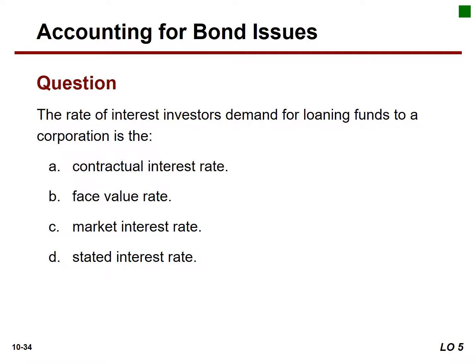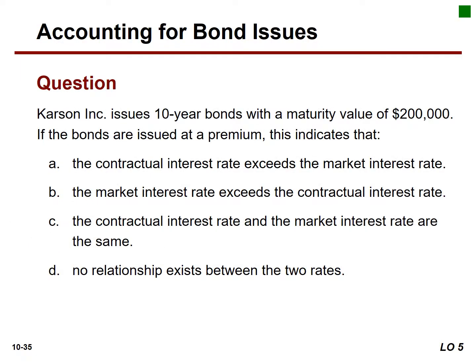All right, here's a question. The rate of interest investors demand for loaning funds to a corporation is the market interest rate. Another question. Carson Inc. issues 10-year bonds with a maturity value of $200,000.